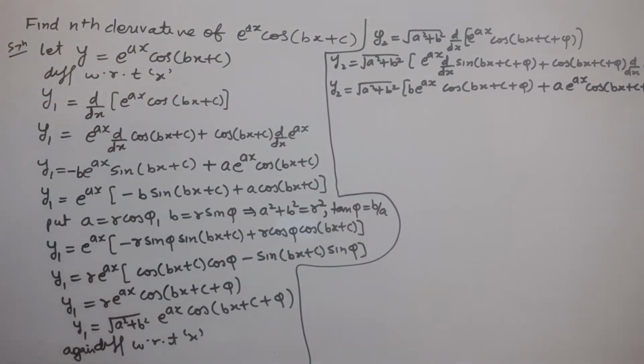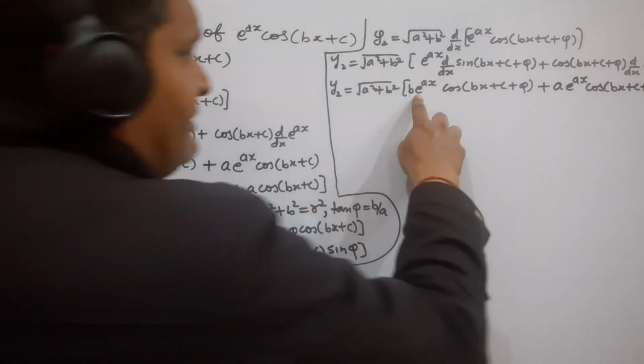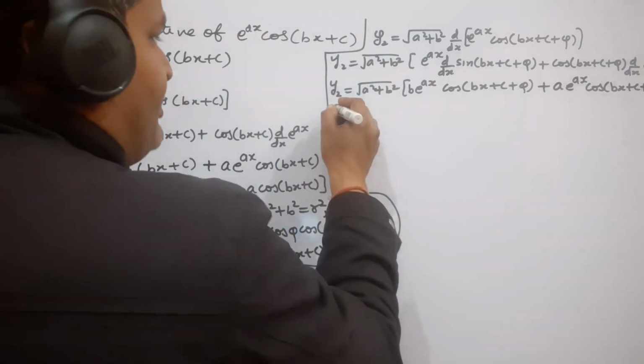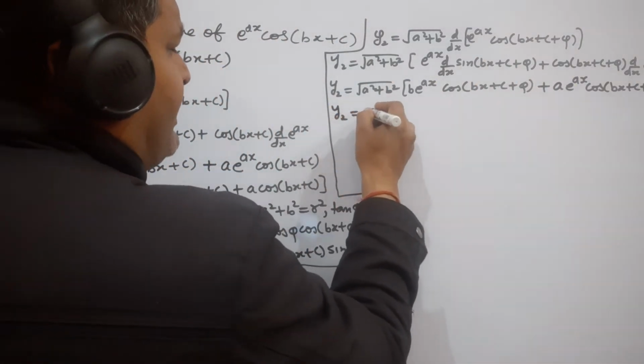Here we can see that e to the power ax is common in both the terms, so we take e to the power ax outside the bracket.